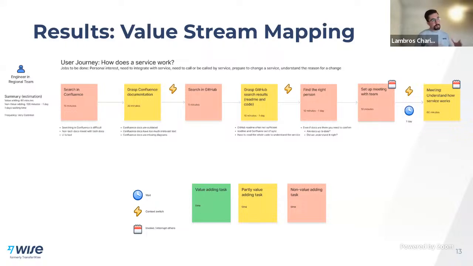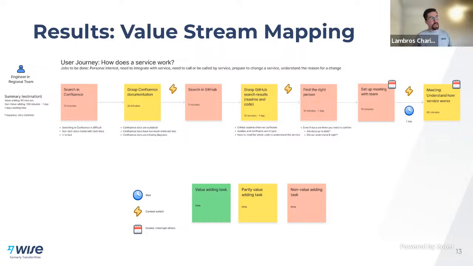Then they would go to GitHub. In GitHub, they would search the readmes. At the end, they would maybe end up looking at the source code to understand the service, right? So super inefficient, of course. And then at the end, they would actually invite the owning team to a meeting to then actually understand the service. So yeah, that's the process.